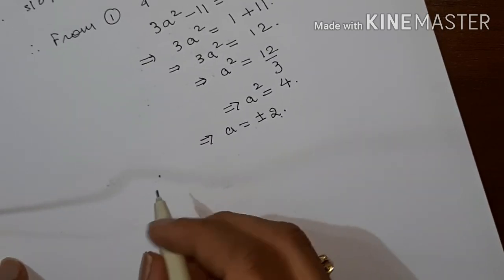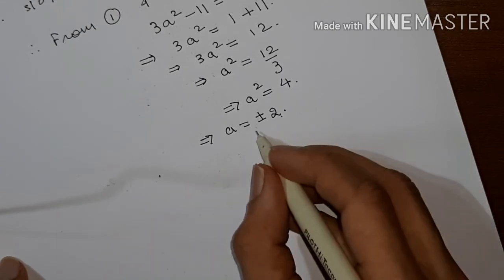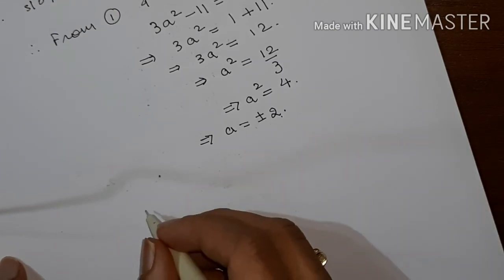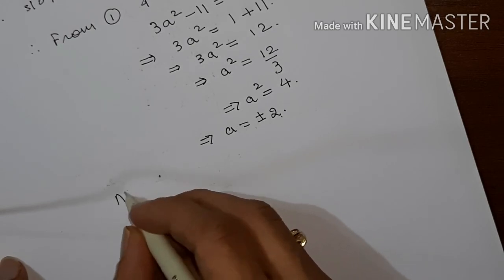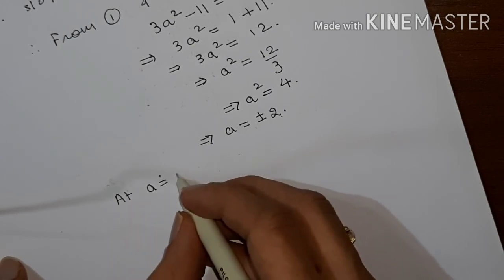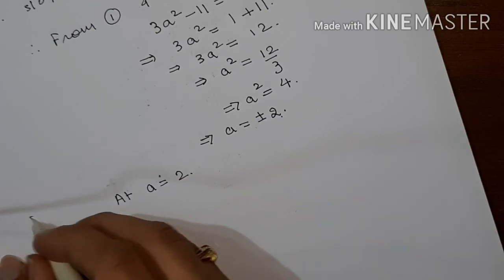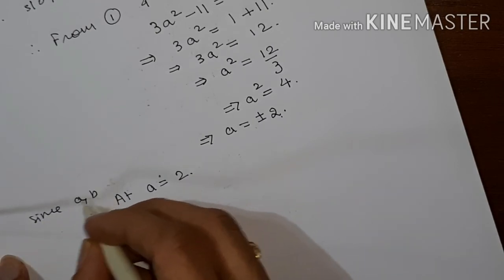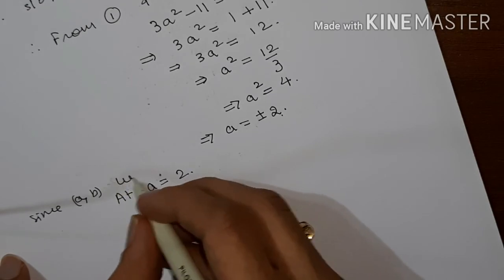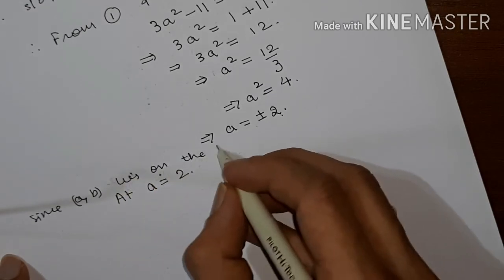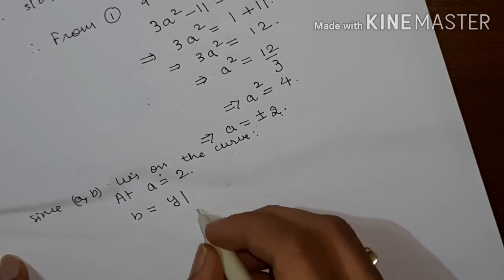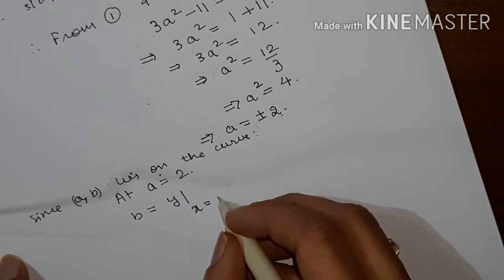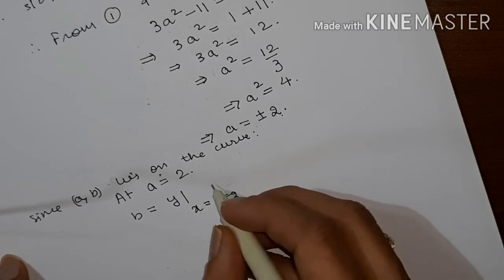Now we have two values of a, and we have to find the value of b. At a equal to 2, since (a, b) lies on the curve, b is equal to y at x equal to a, which is 2.